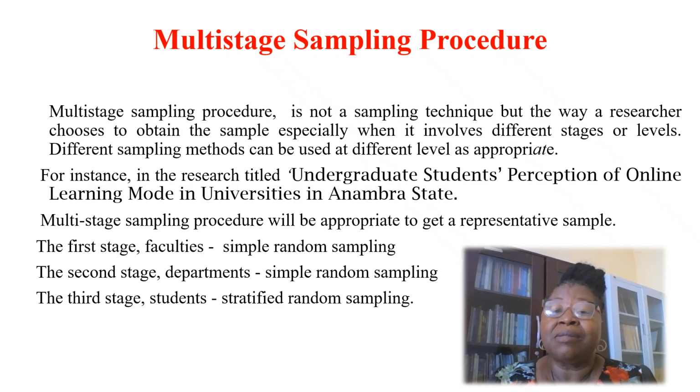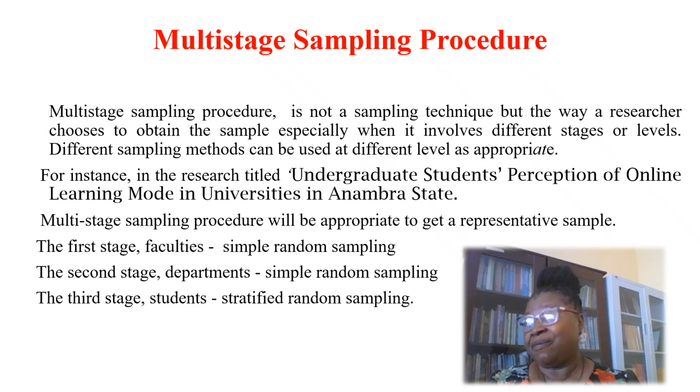The first stage of sampling will be faculty in the universities. The researcher will select, with simple random sampling, about 50% of the faculties. The next level will be departments. Within the departments, you can still use simple random sampling to select the number of departments you want to accommodate in your study.